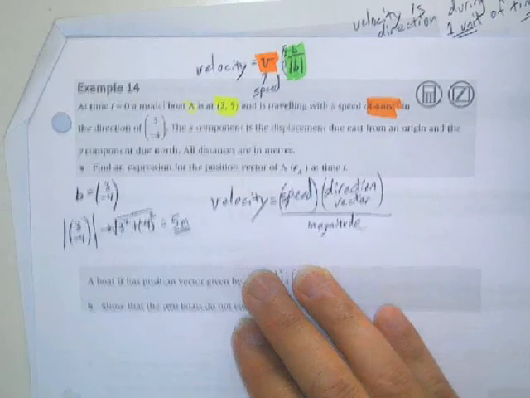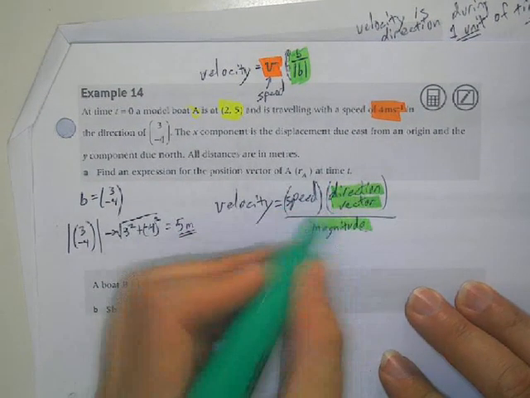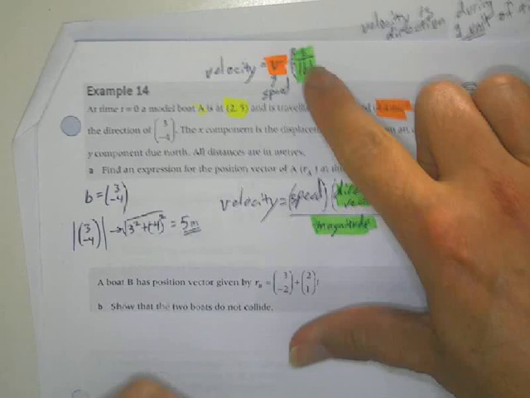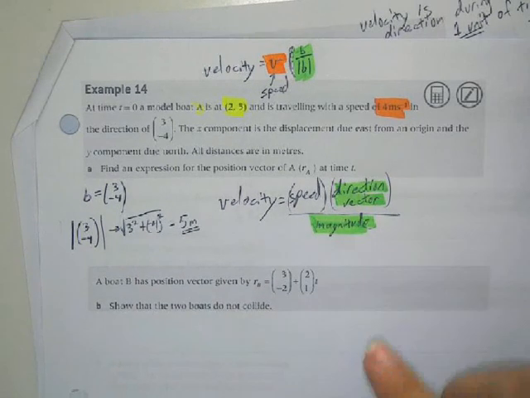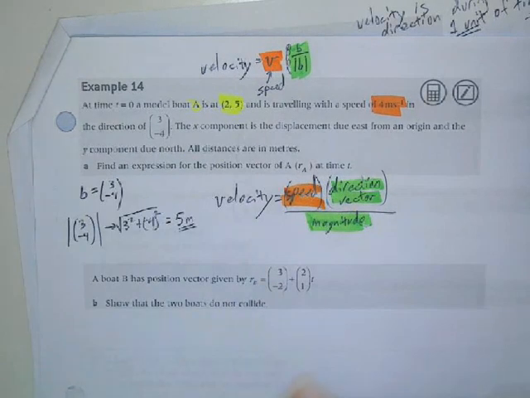Because the direction vector divided by the magnitude gets me my unit vector, and my speed times my unit vector is going to give me my velocity.